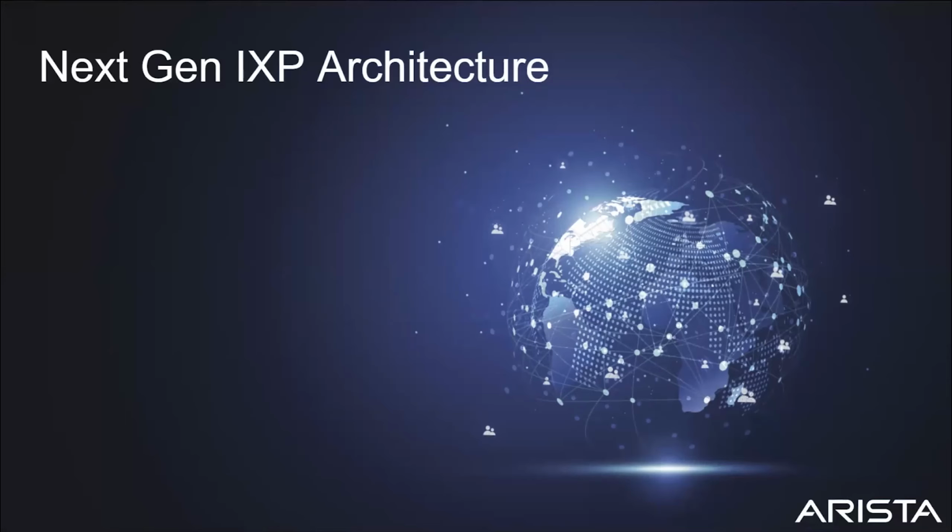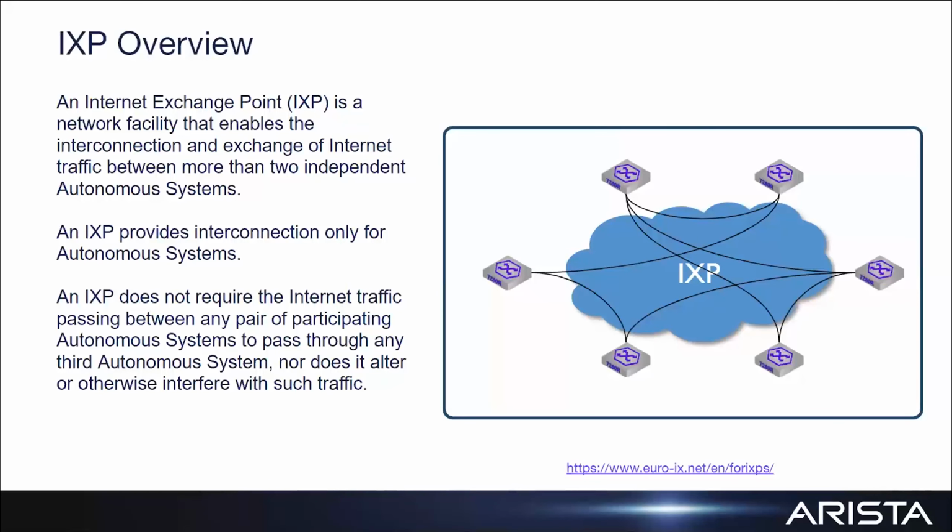Thanks, Dave. Yeah, I would like to also talk about a next-gen Internet Exchange Point architecture. Next slide, please. So what is an IXP actually? Some of you might be familiar with them. They sit at the heart of the internet and enable interconnection between multiple autonomous systems.